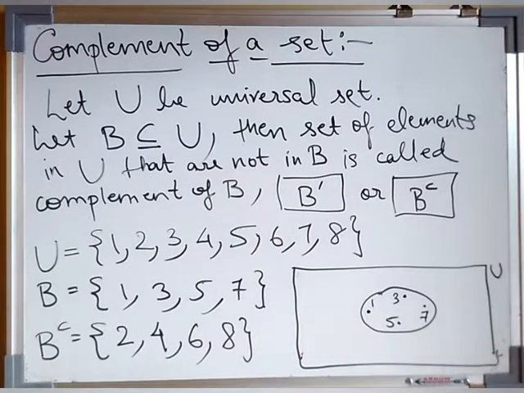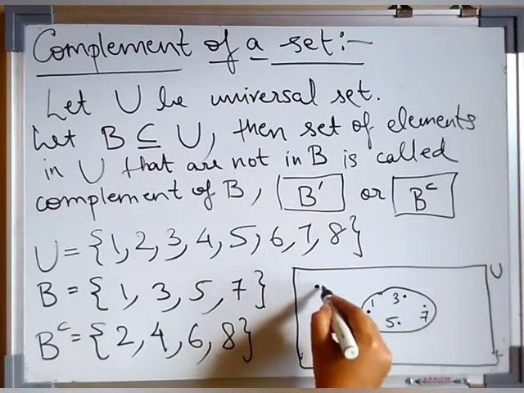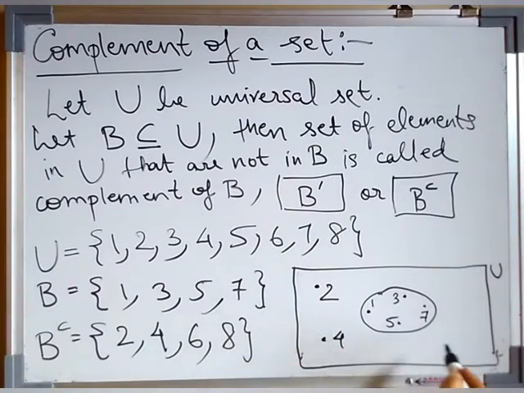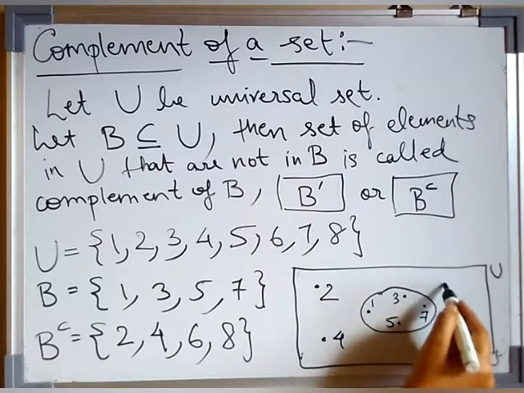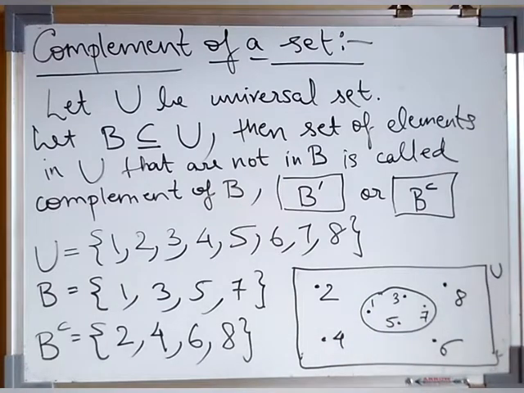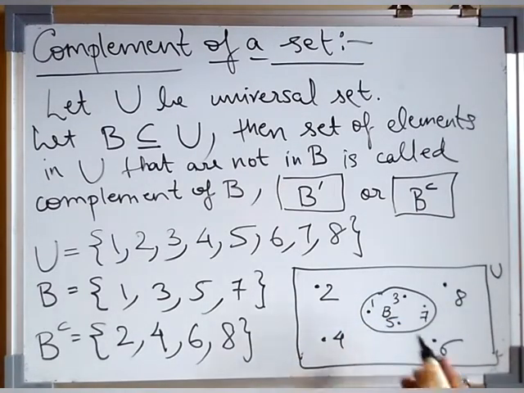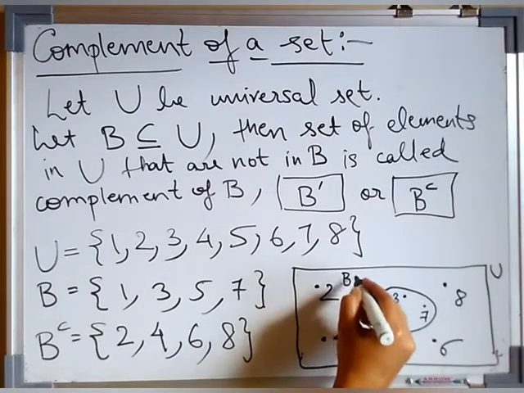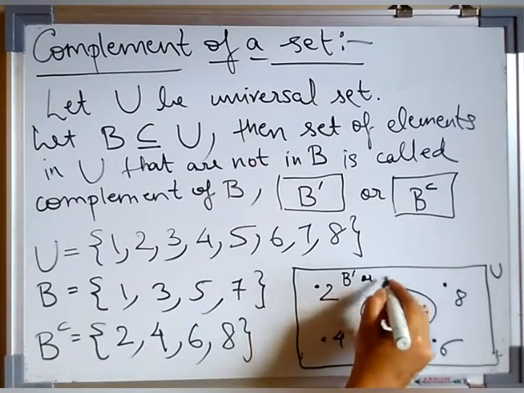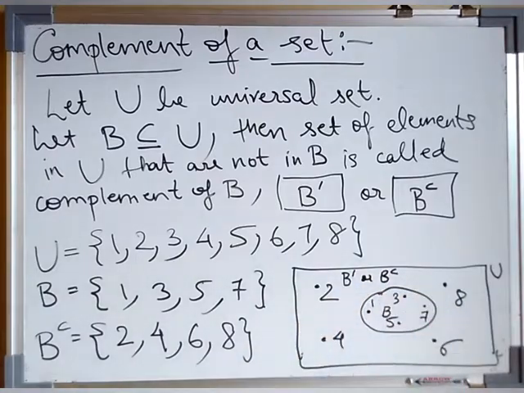Outside it I have 2, 4, 6 and 8. So if this is B, then the outside part is B complement.